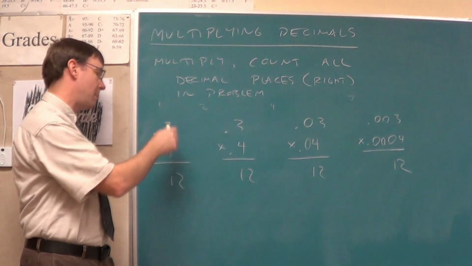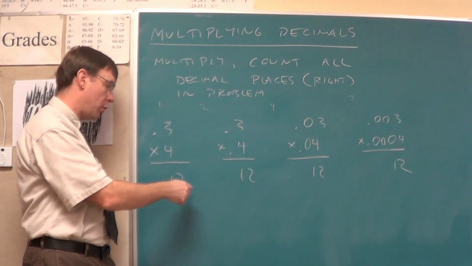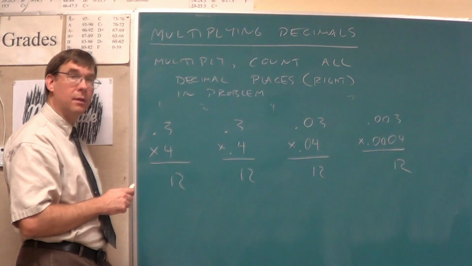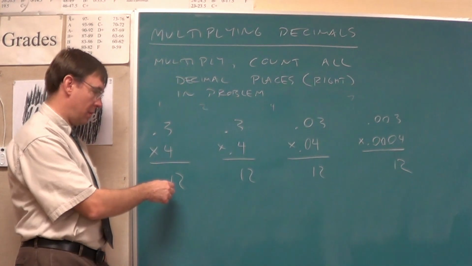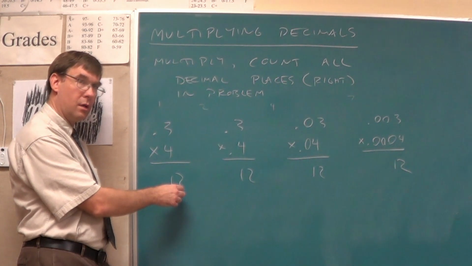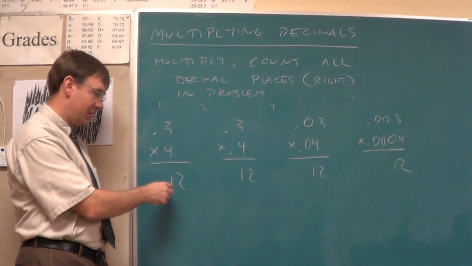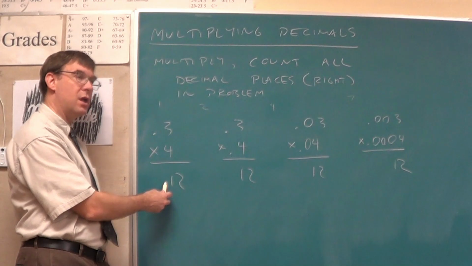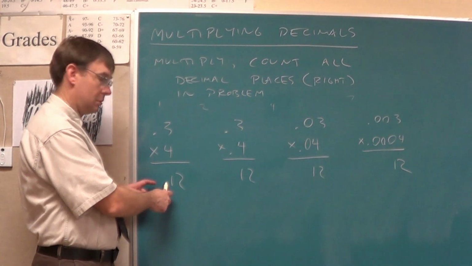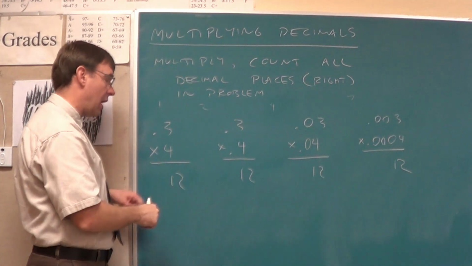So this, to make a count of 1, where would I put the decimal in this number? Right before the 1? If we put the decimal right here, how much is our count? 2. Everything to the right counts.